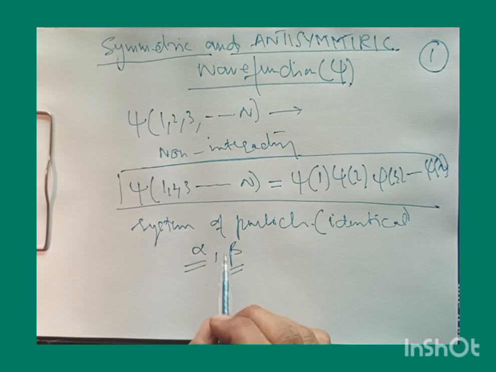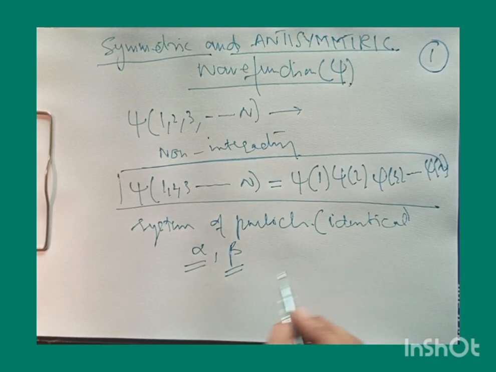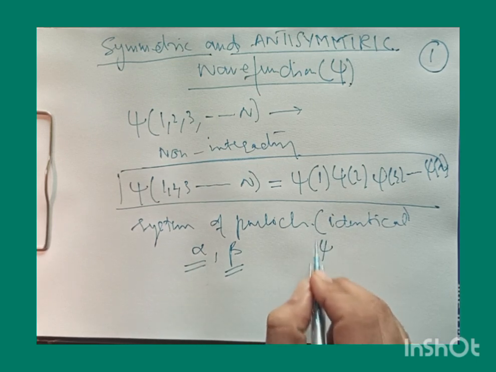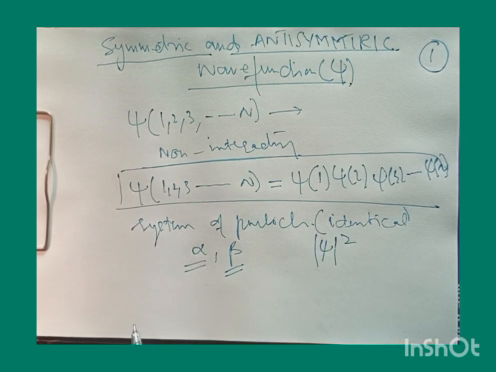Now, since the particles are identical, it should make no difference in the probability density of the system. The probability density is given by the square of the magnitude of the wave function, and there should be no impact on it if the particles are exchanged.